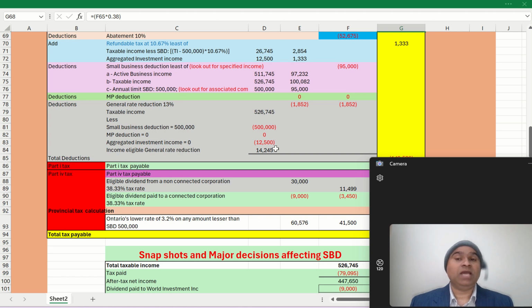Okay, the adjusted aggregated investment income reflects the small business deduction for the next year. So just to make sure that you are aware of that. All right. So this $14,245, that is the income eligible for general rate reduction.